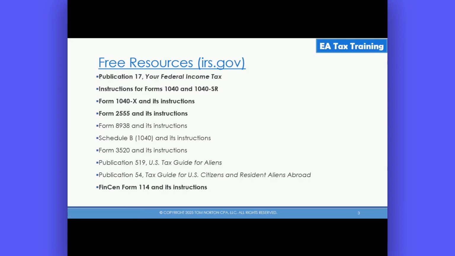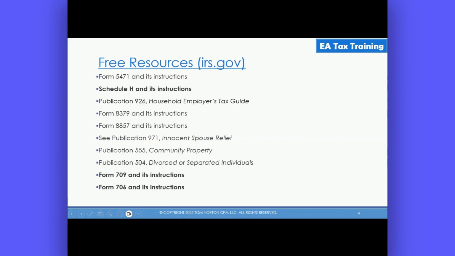Our free resources from irs.gov are mentioned in bold here. The first two you're already familiar with. For this video in particular, we've got Form 1040X and its instructions, Form 2555 and its instructions, and also FinCEN Form 114 and its instructions, which we will be talking about.